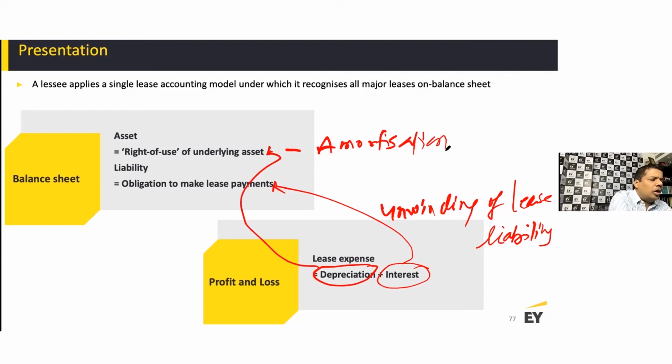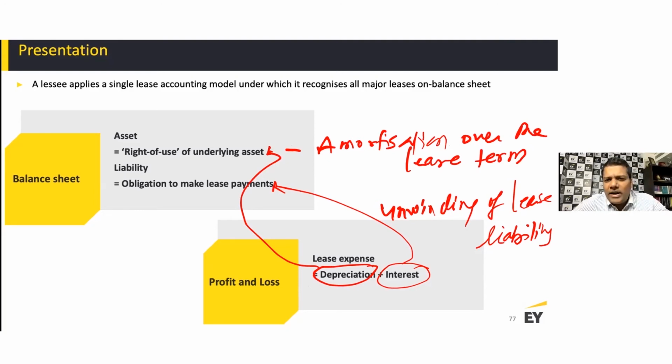So there are two costs which come as the P&L charge. The amortization comes after EBITDA, as part of your EBIT, and the interest is part of your interest cost.